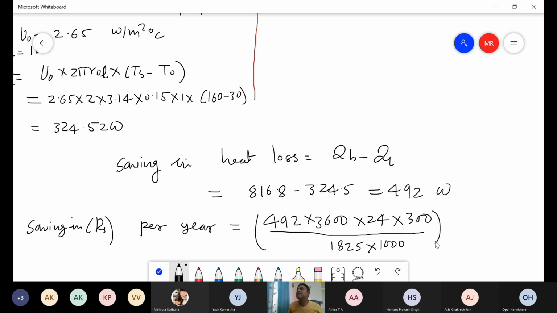Now we can convert this in terms of rupees because the cost of the steam is given. Cost of the steam is given as 750 rupees per ton. So we can calculate per kg by dividing this. Are you all able to get it? Is it clear to everyone?